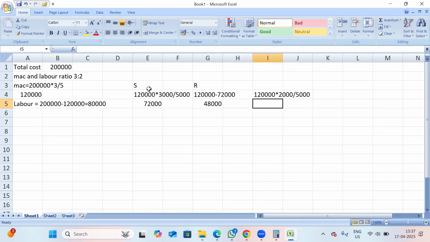Either way you can calculate. This is machine related.